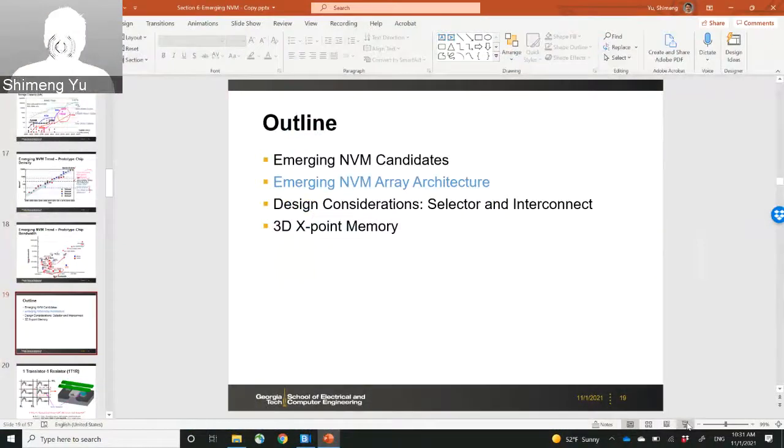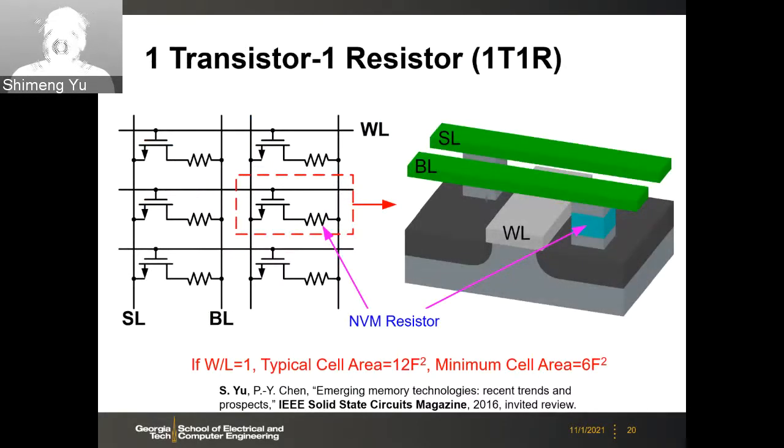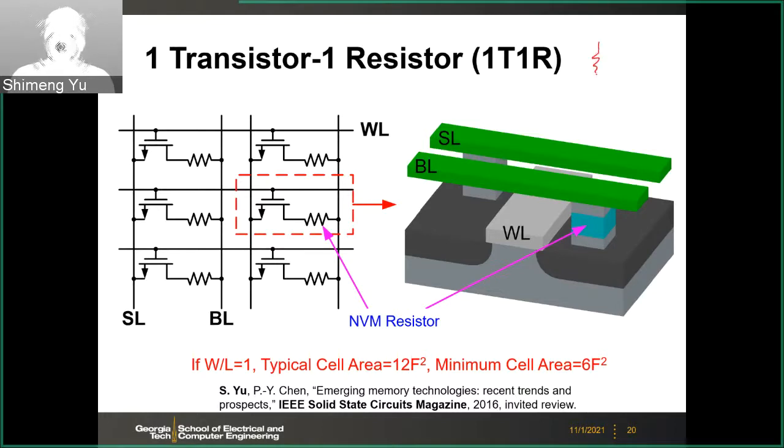Okay, next we are going to discuss how we integrate those non-volatile memories into the array. The first configuration is called the 1T1R array, one transistor, one resistor array. As we discussed before, this is a variable resistor, like the RRAM, phase change or STT-MRAM. So it's a two-terminal device.